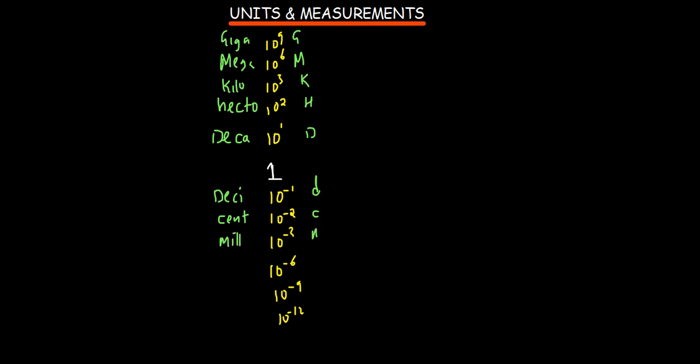You use a small m. Micro is to the power negative 6. We have got 10 to the power negative 9, which is known as a nano. Pico is negative 12. So this is going to be small n, this is small p.